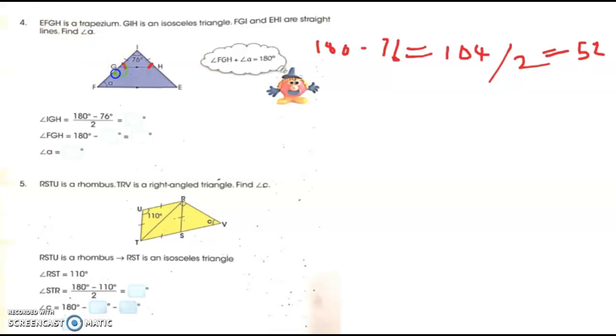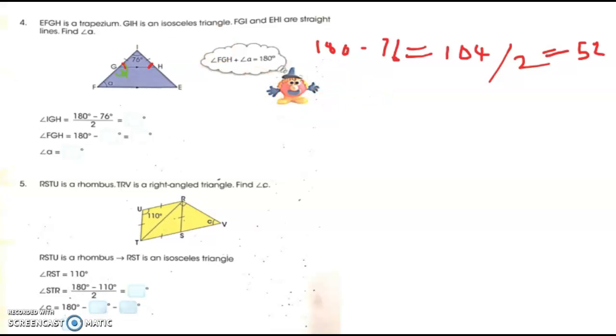Therefore, if this is a straight line, again we can find out this angle. That is, I'm sorry, not 52.